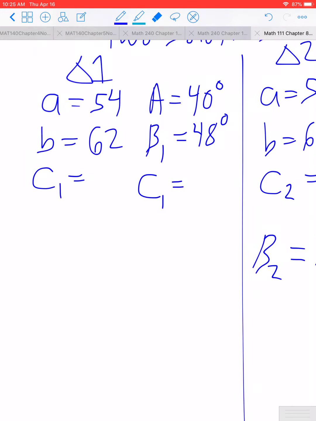So for the first triangle we're looking at, I can now solve for angle C1. Take 180 minus the sum of 40 and 48, and that would give us 92. We can now solve for side C1.